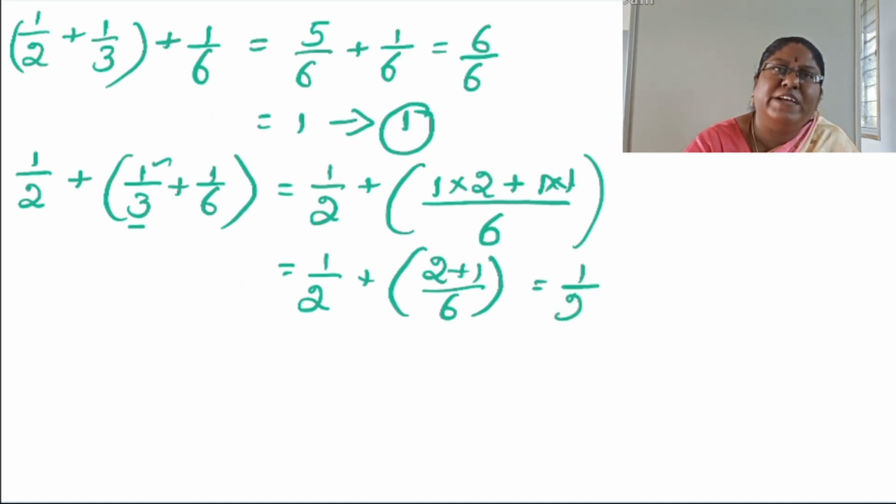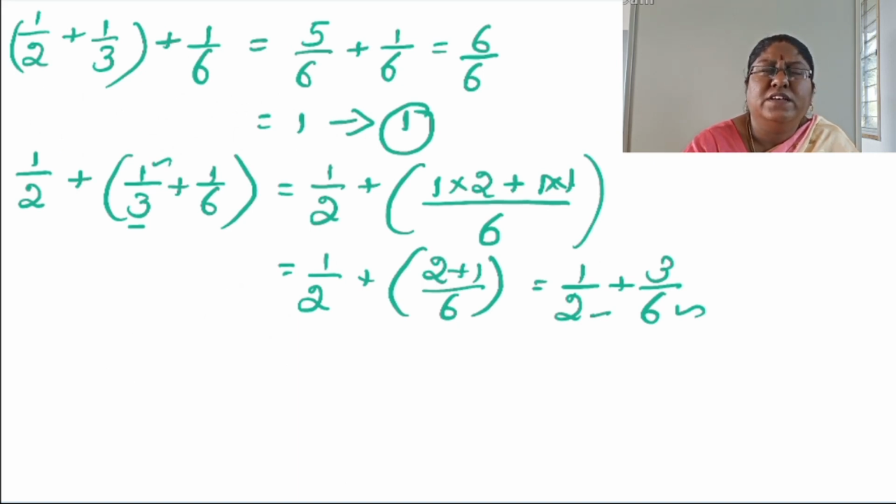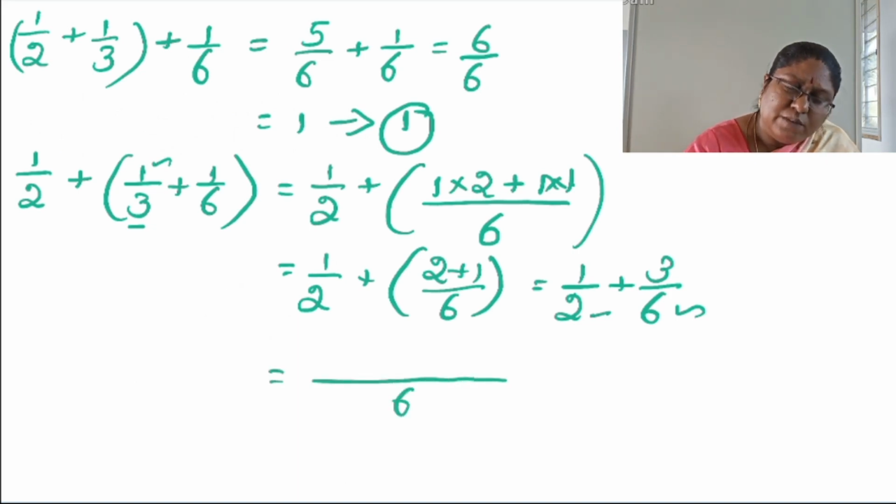So, again 1 by 2 plus 3 by 6. Now also denominators are not same. Here 2, here 6. So, to make it same, 6 is the multiple of 2. So, try to multiply 2. 2 3s are 6. So, have it 6. Multiply into numerator, 1 into 3 plus 3 into 1, because 6 is same.